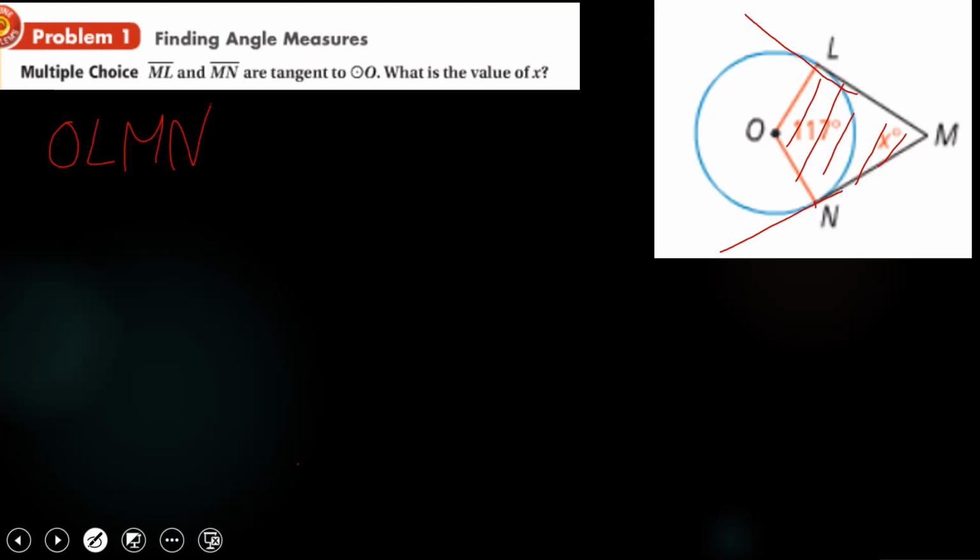Now, what is the sum of the angles in any shape with four sides? It's 360. The sum of the angles in a shape like OLMN is 360.